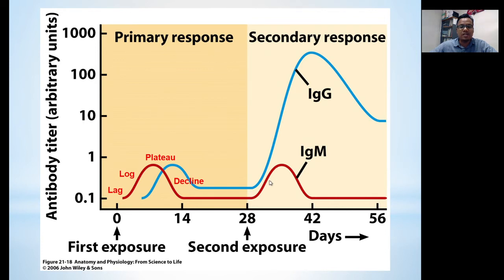The log phase for the secondary response is quicker, and especially for the IgG, they will produce a lot more antibodies, much higher in volume, the antibody titer, compared to the first exposure.